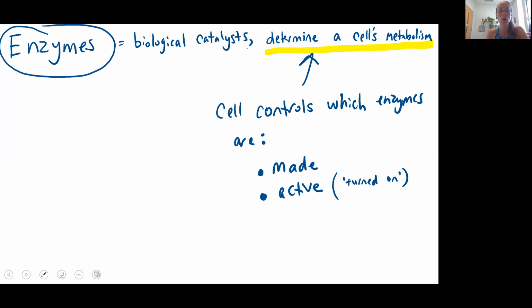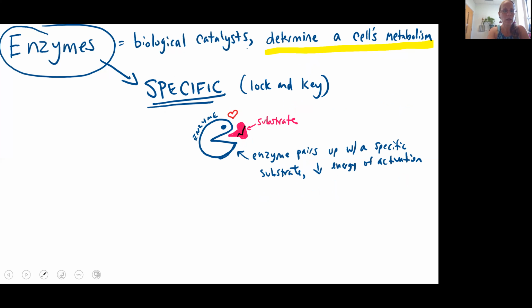The cell can control what chemical reactions it does by controlling which enzymes are being produced and also which enzymes are active. So sometimes you have to turn on enzymes, or you can turn off enzymes to stop a reaction from happening. Your enzymes are very specific, so we often describe this as a lock and key model.